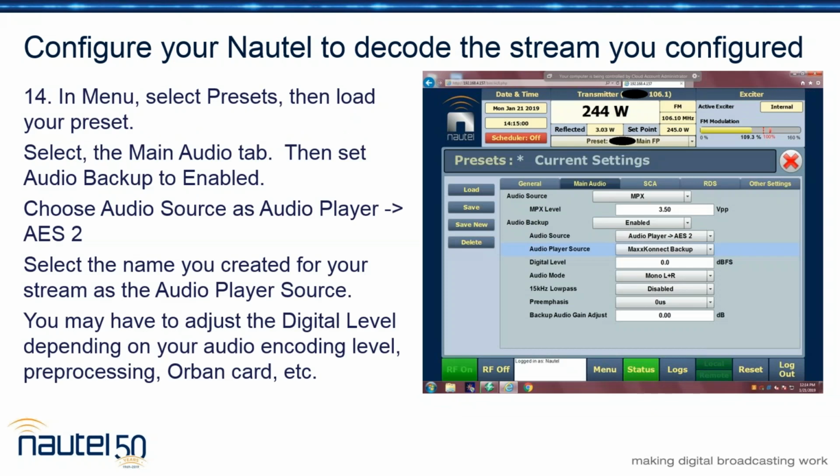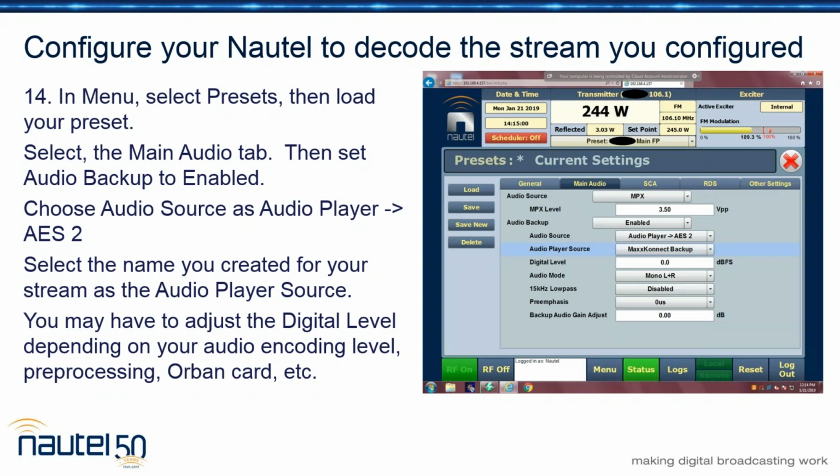Then the final step to this is in the presets menu, you want to select the preset that you want to create this as the audio source for. Then you load your preset, select the main audio tab, then choose audio backup and set that to enabled. Then you'll want to choose the audio source as audio player AES2, select the name that you created for the stream as the audio player source.